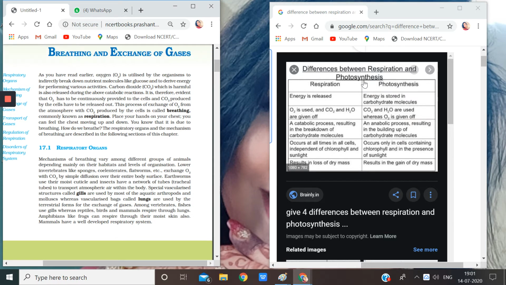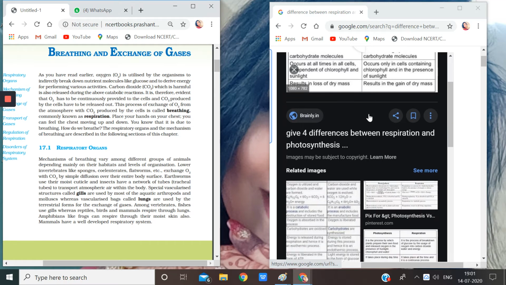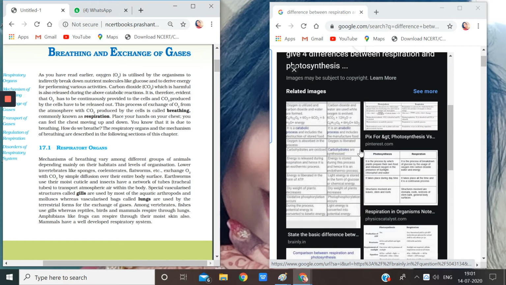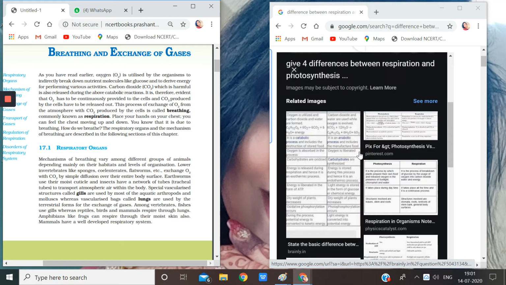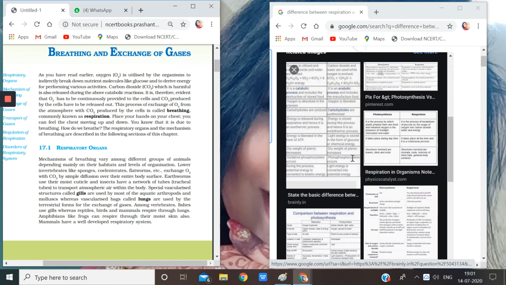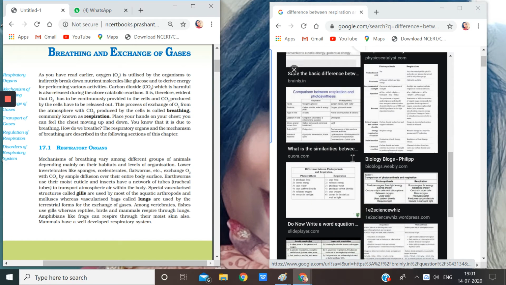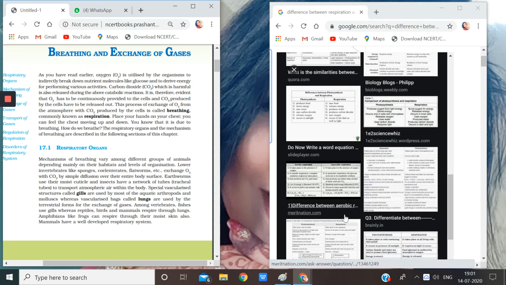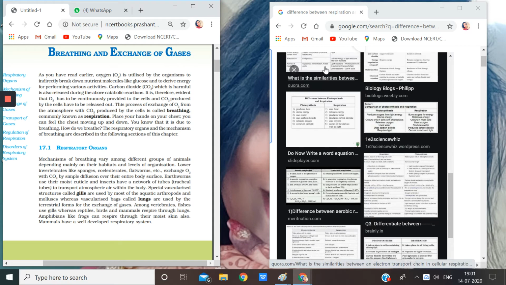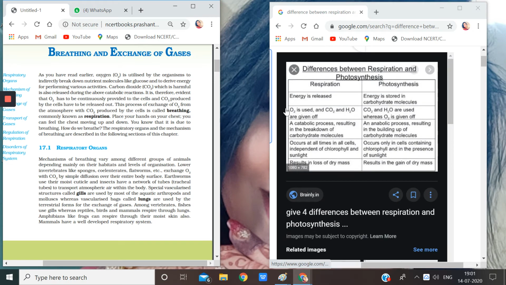As you see on my screen, there is a difference between respiration and, sorry, I have got this difference between respiration and photosynthesis. I should take out the difference between respiration and breathing. I don't know why I have selected this.